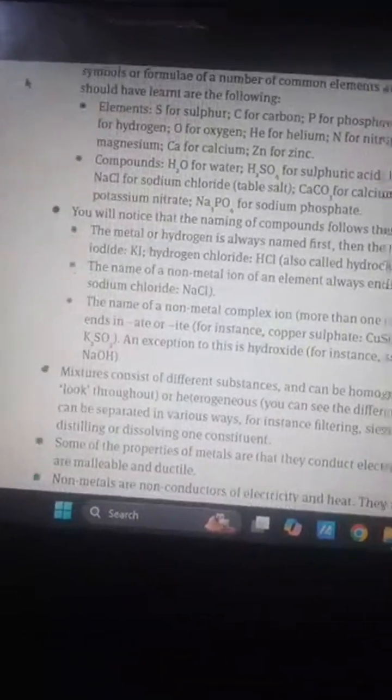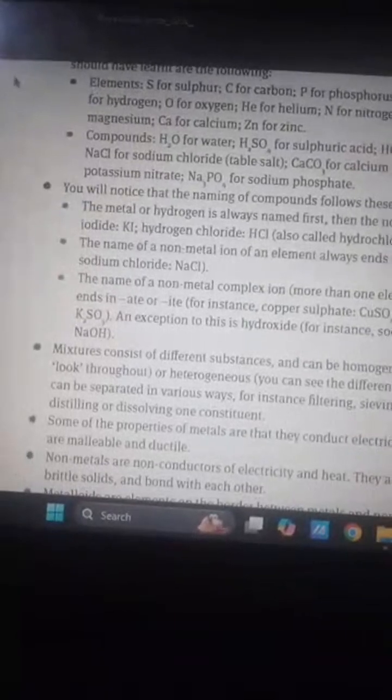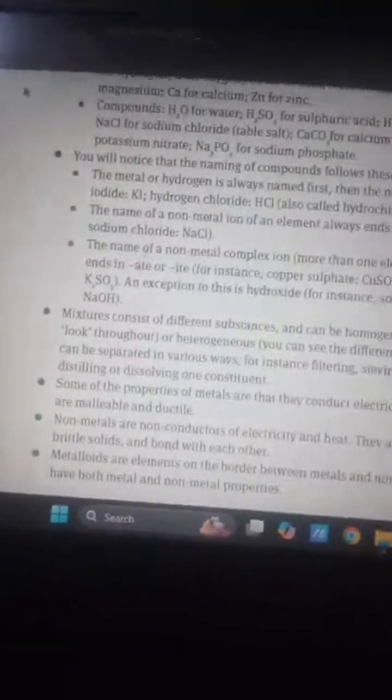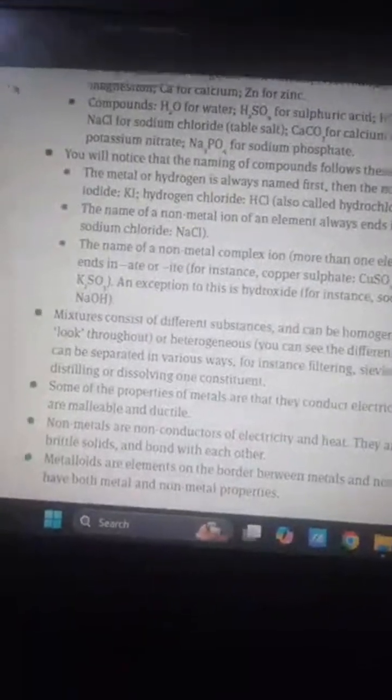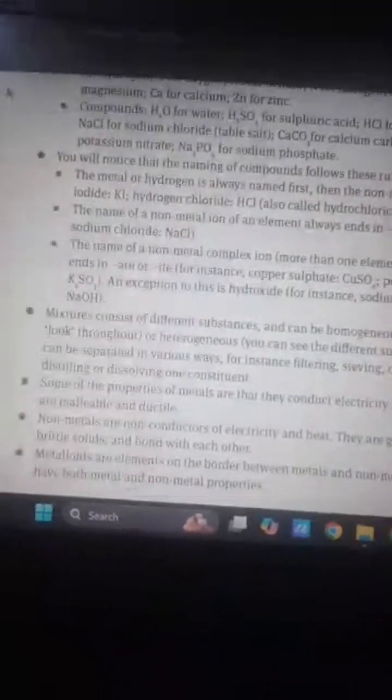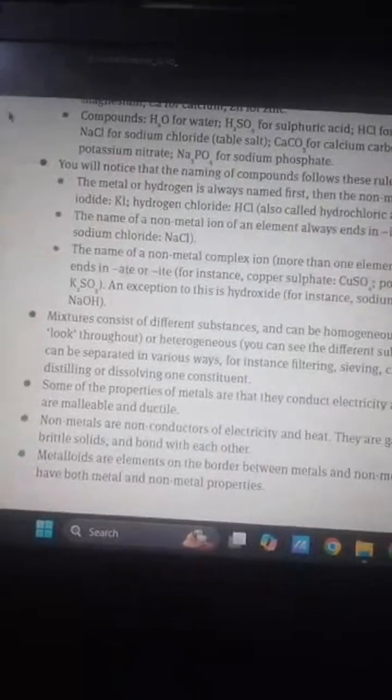There are rules in naming compounds. The metal or hydrogen is always named first in the compound name, and then the non-metal comes second.